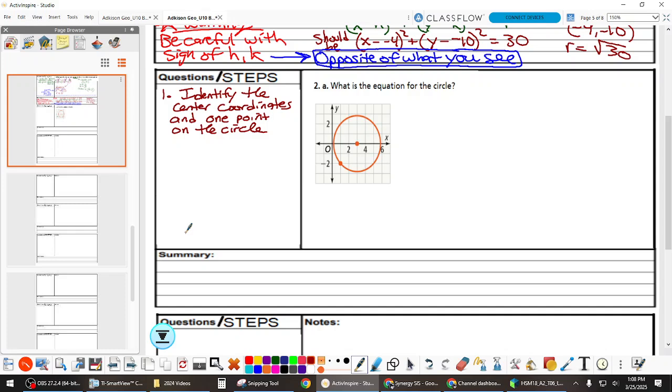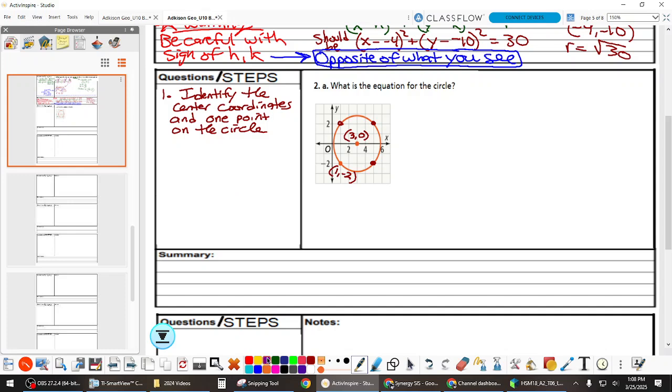You guys probably already wrote it. 3, 0. Okay, so that's the center at 3, 0. They put a point here for us, but we could have used this one, that one, or that one. Any of those 4. So we'll just pick one. What are the coordinates of this one? So 1, negative 2. Remember, it's always x, then y, so over and then up and down. Okay?